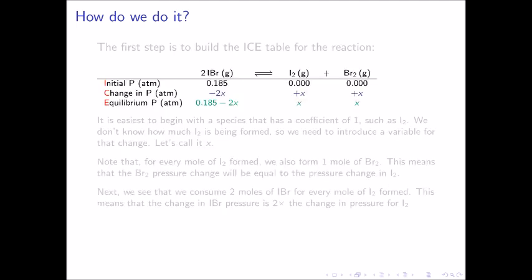As before, we do this by reading down each column and performing the arithmetic that it states. For IBr, we begin with 0.185 atm, and we decrease by 2x, giving us 0.185 minus 2x. For I2 and Br2, we both begin with 0 atm, and we increase by x. This gives an equilibrium partial pressure of x for each of these.